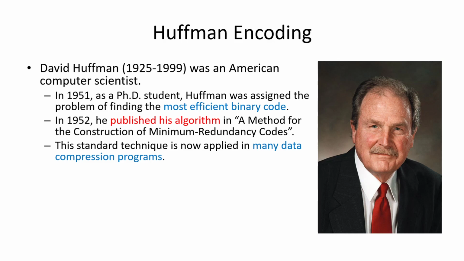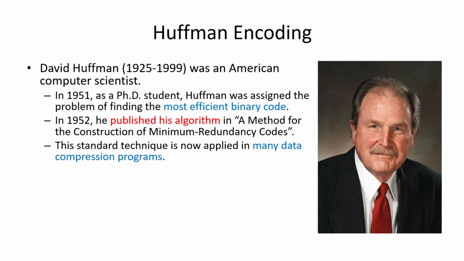So his supervisor said, all right, here's your topic. Go find me the most efficient binary code. So Huffman did some research, looked at a couple codes, even some codes due to his supervisor, and found that none of these are the most efficient. And he was about to give up and say, okay, I'm going to go take the test then.